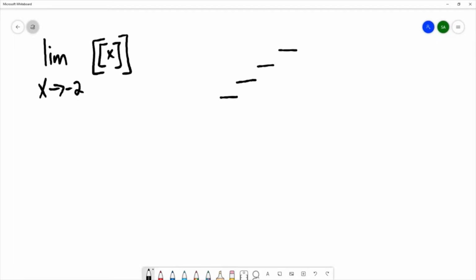And so at every integer, on one side, the limit will approach one number, but on the other side, the limit will approach a different number. So I have to be very careful about finding the limit of this. And we want to focus on finding the one-sided limits first. So I'm going to find the plus, and then we'll find the minus.